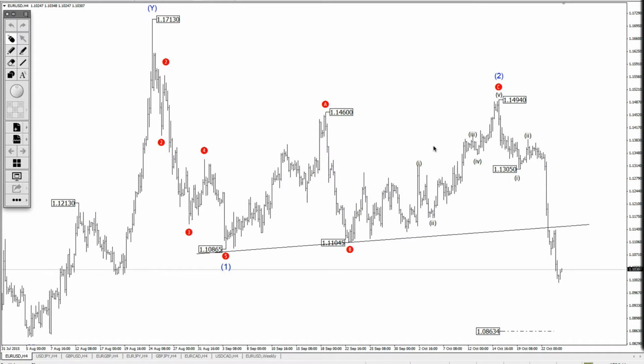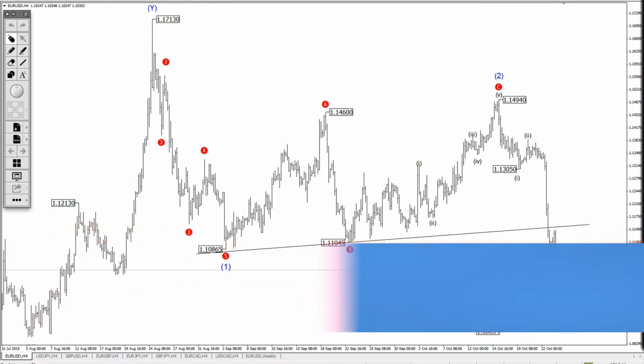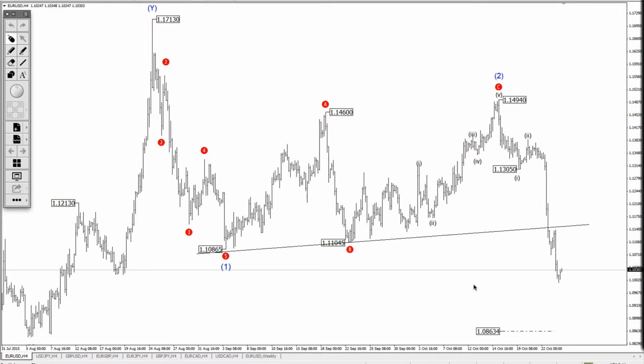Let's begin with Euro-USD. So last week we had a very powerful decline. And now my expectation is that this decline is going to continue and we are going to try to catch this with the sell order, but we might get a correction first.